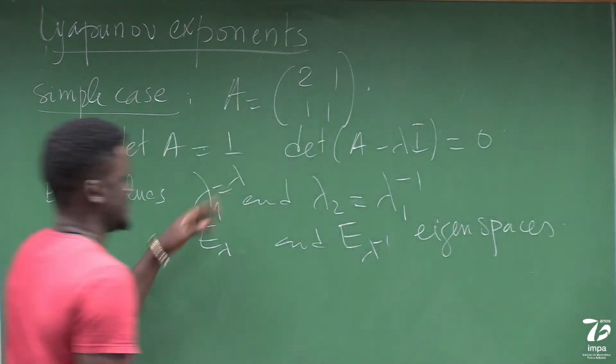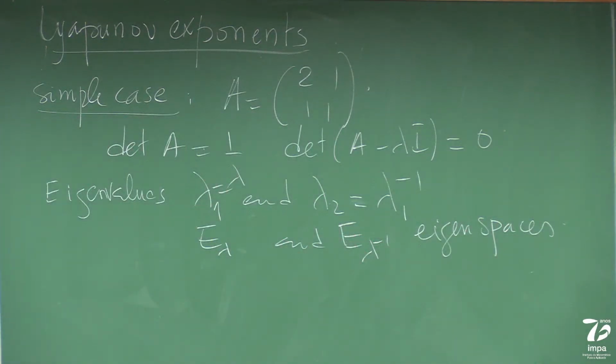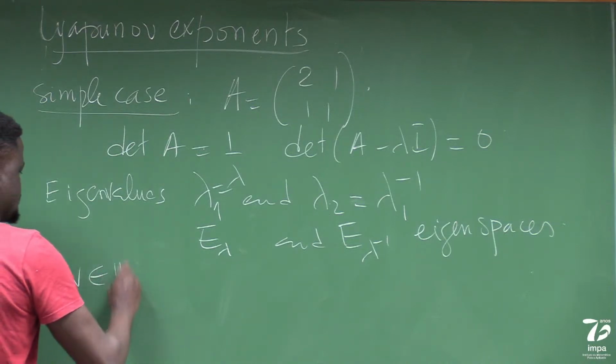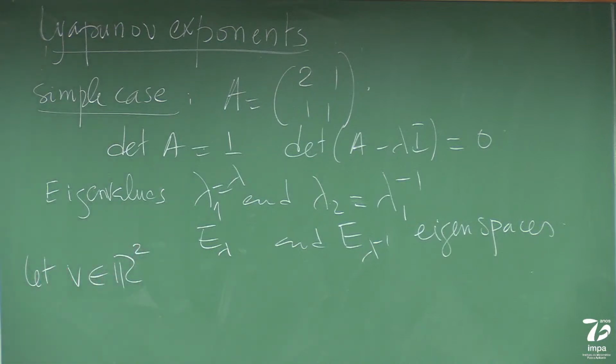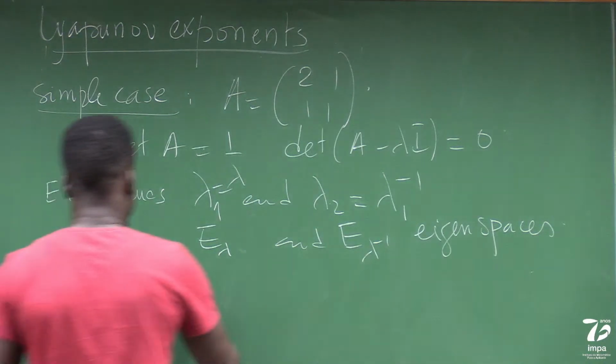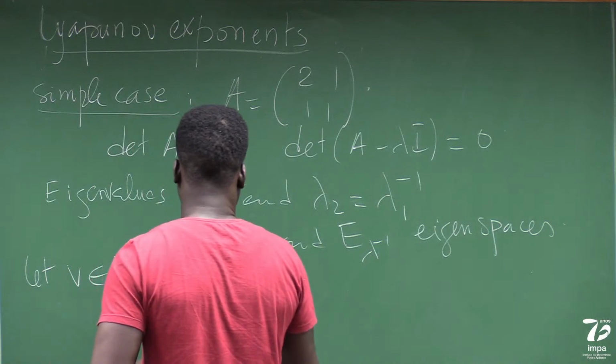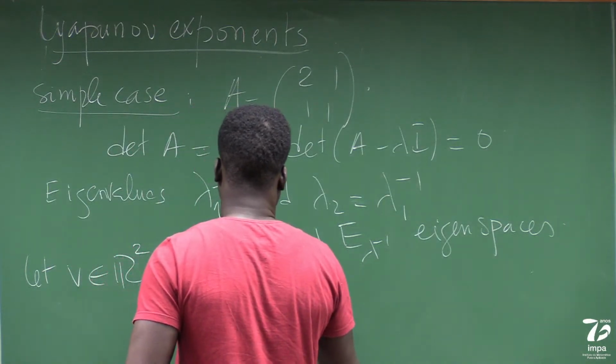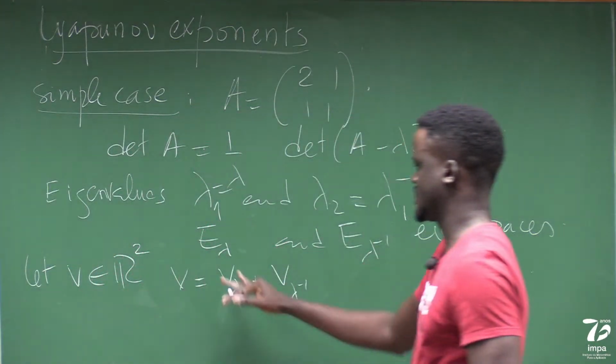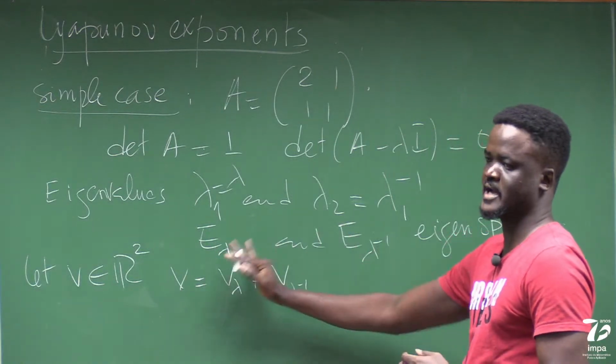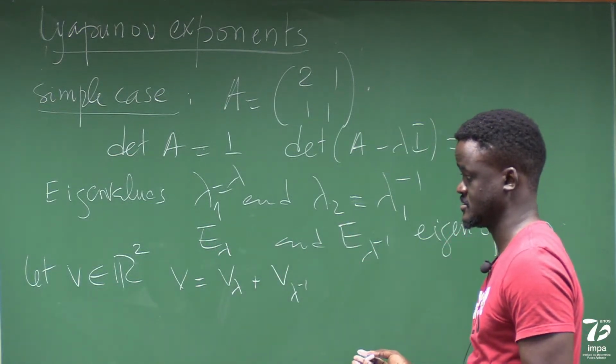The eigenspaces are orthogonal, because the determinant is 1 and so on. So if you pick a vector v in R2, you can write it as v lambda plus v lambda minus 1, a decomposition in terms of these two eigenspaces.